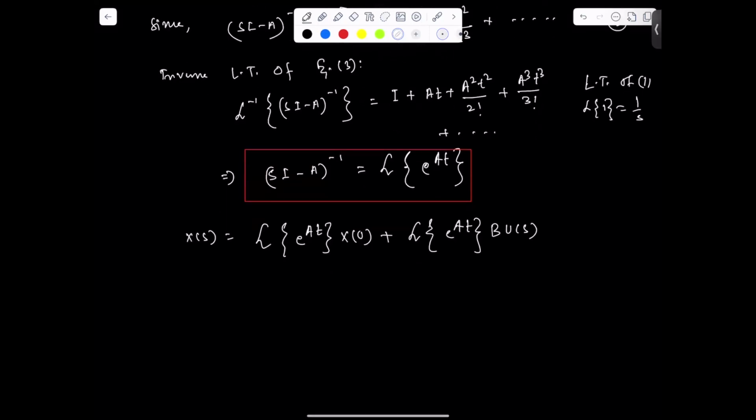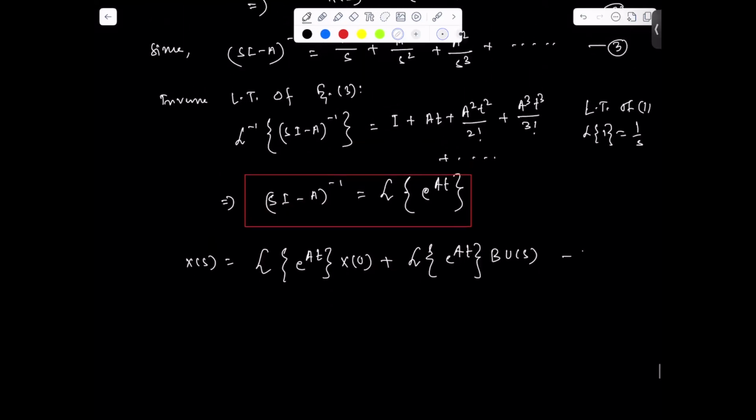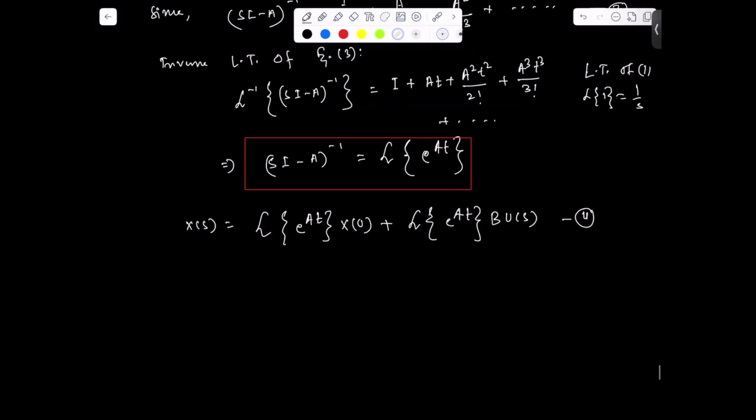And if we take the inverse Laplace transform of this expression, equation 4, we can write x(t) equal to e to the power At x naught plus the integral from 0 to t of e to the power A(t minus tau) B u(tau) d tau. So this is the solution.